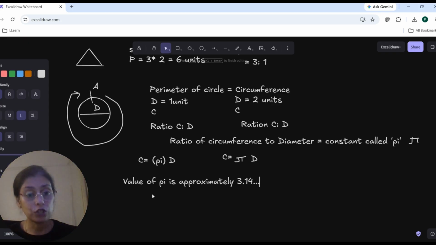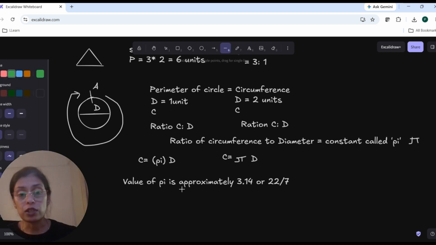Actually, it just continues. It is not exactly equal to. That is why I said it is approximately equal to 3.14 or 22/7. And when I'm saying this is actually an approximation, this is not the exact value. This is the approximation that is done.